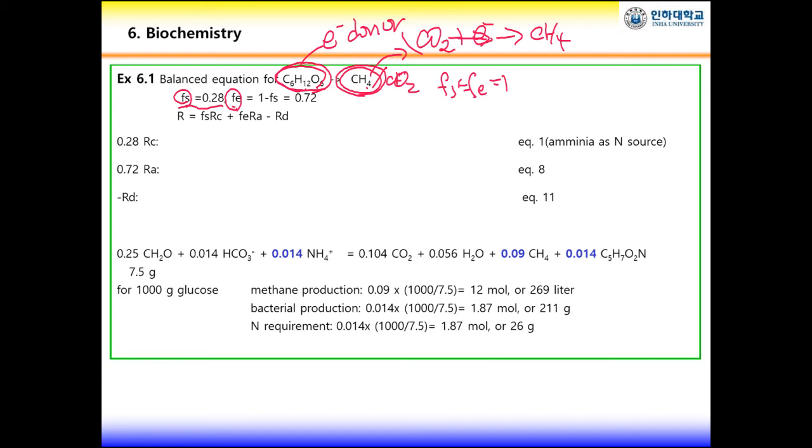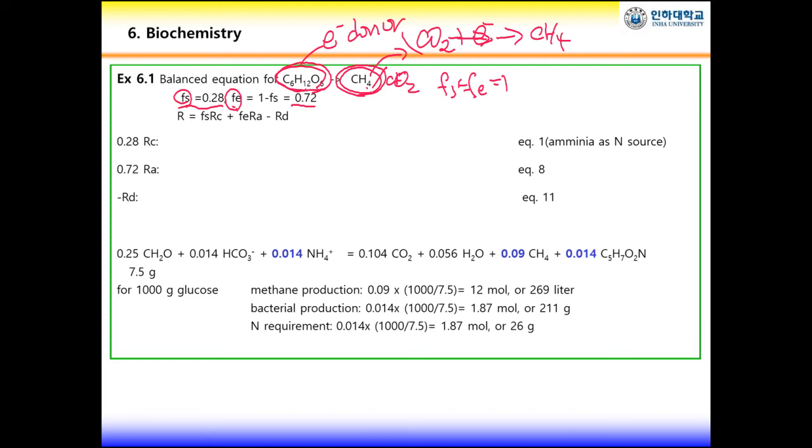So FE equals 1 minus FS, that is 0.72. What that means is about 72% of electrons are used for energy generation, and only 28% of electrons go for cell synthesis.